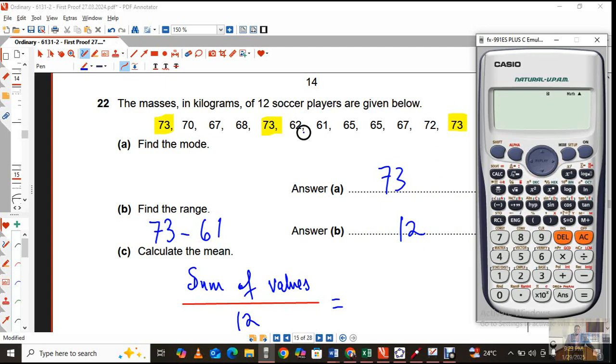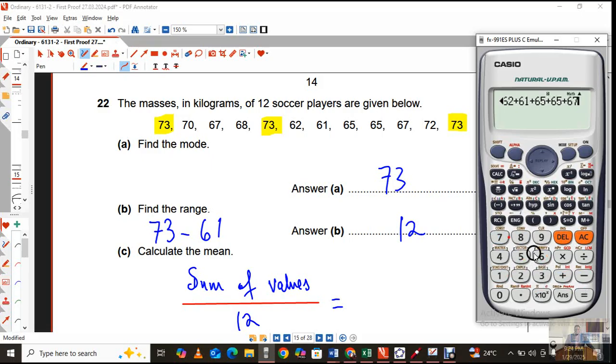Okay. I have 1, 2, 3, 73. So 73 times 3 plus 70 plus 67 plus 68 plus 62 plus 61 plus 65. Aha, another 65. There were two of them.